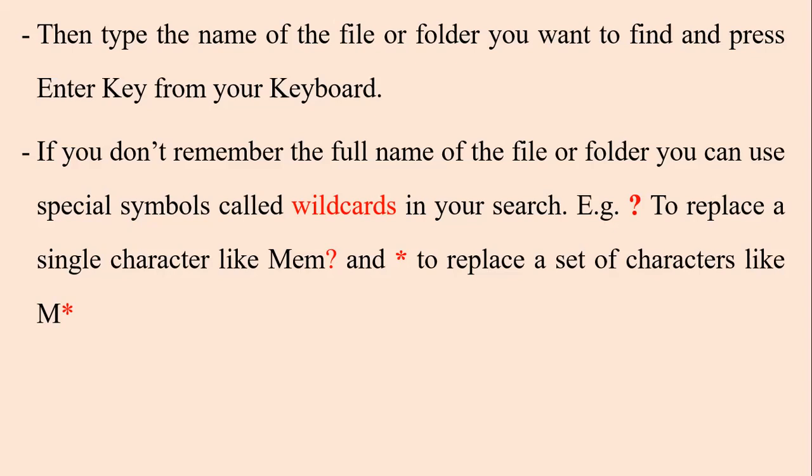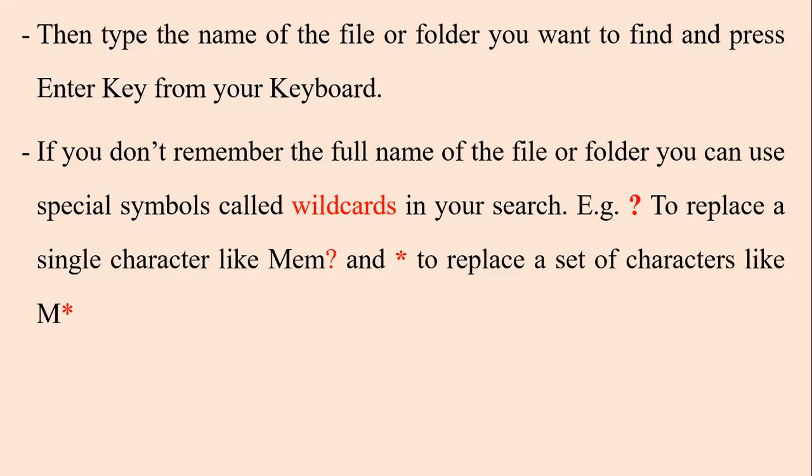And you can use an asterisk to replace a set of characters. Like if you just remember that the name was commencing with the letter M, but you don't remember the rest of the characters, just type M followed by an asterisk and you press Enter. When you do that, all the names of files and folders that begin with the letter M will be displayed on the screen.